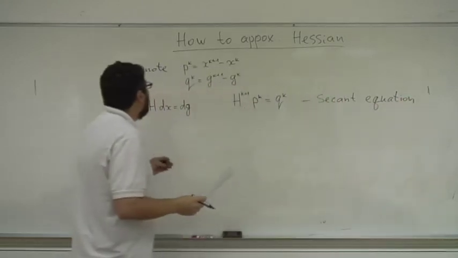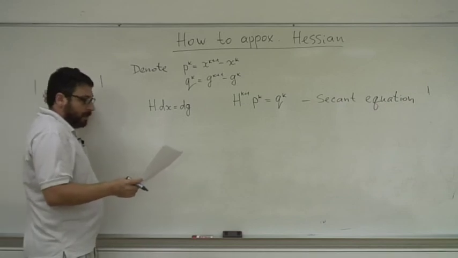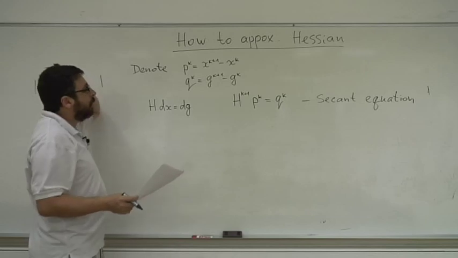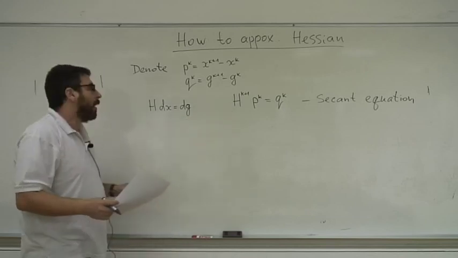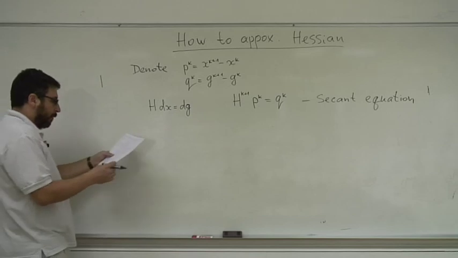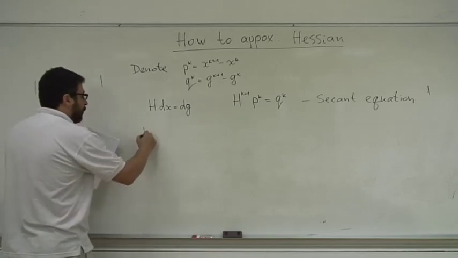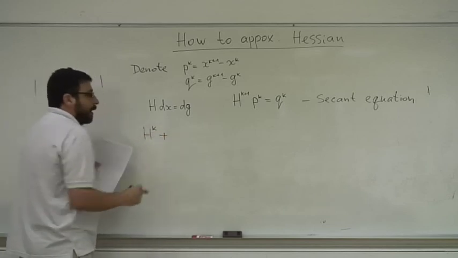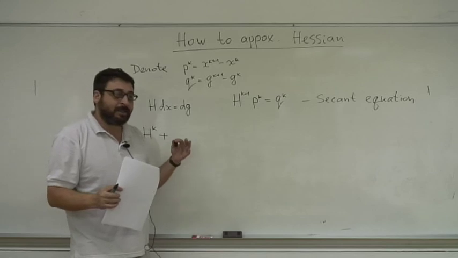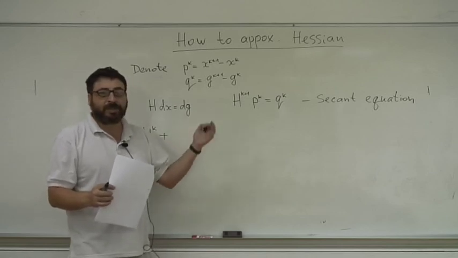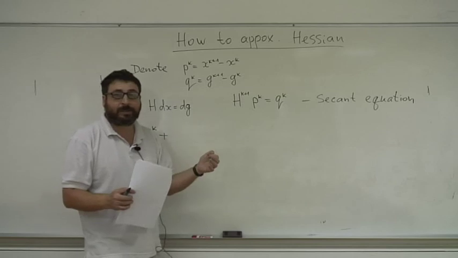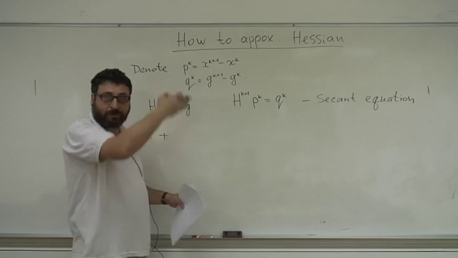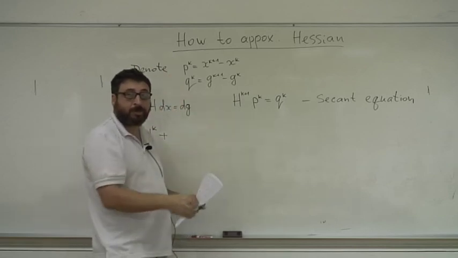And now one can ask, what would be the simplest way of updating the Hessian? I have a previous approximation of the Hessian, and a very simple update of a matrix is the so-called rank 1 update. A rank 1 matrix is the outer product of a column vector by a row vector.